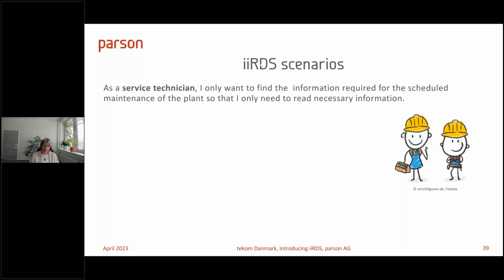When you use iiRDS, you need to decide which of the metadata classes and the metadata objects you want to use for your company. So we usually do not recommend to use all the classes and all the objects.